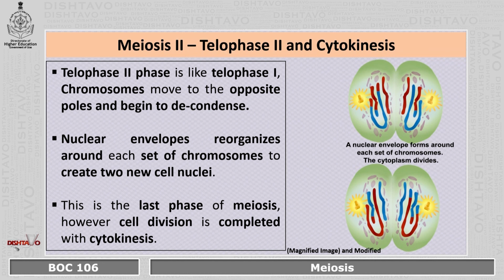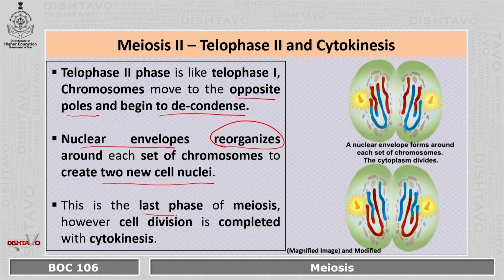The last stage of meiosis 2 is telophase 2, which is accompanied by cytokinesis. Telophase 2 is like telophase 1. Chromosomes move to the opposite poles and begin to decondense. The nuclear envelope reorganizes around each set of chromosomes to create two new cell nuclei.